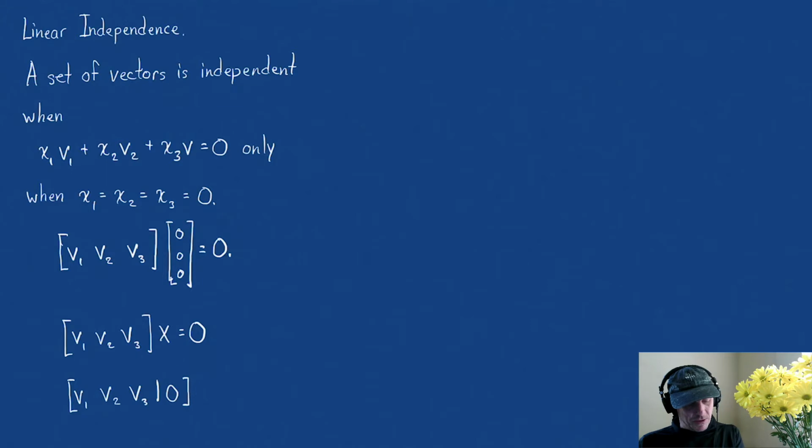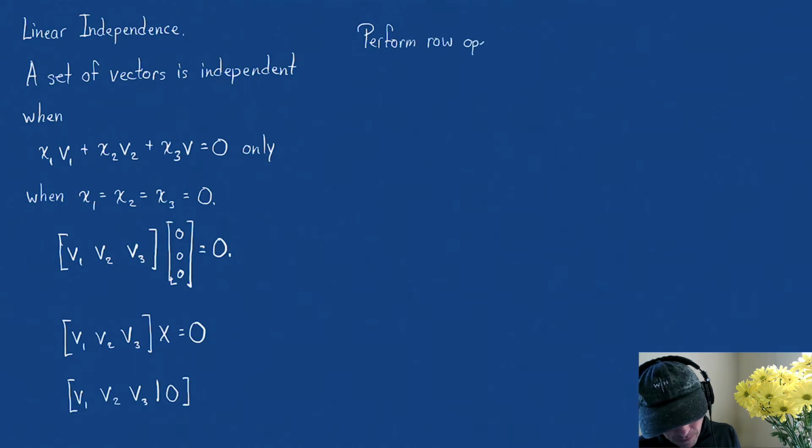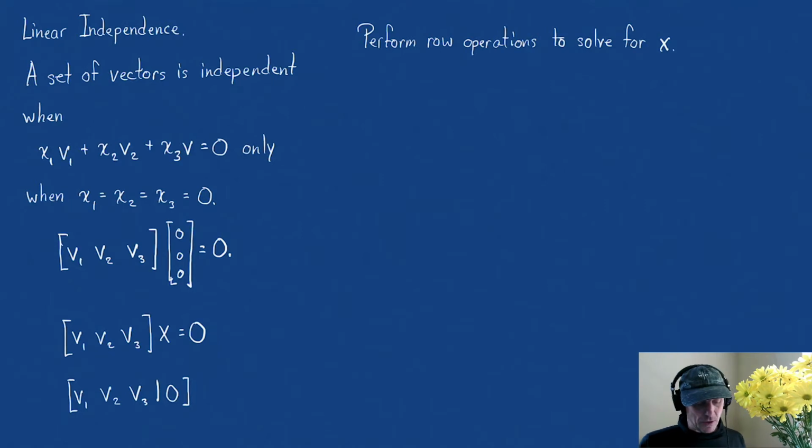Now what we would do is this: we would perform row operations to solve for x. Well, what do we know the solutions are?